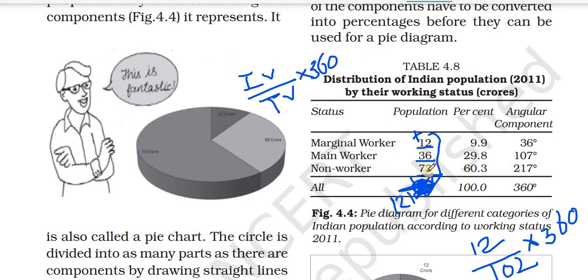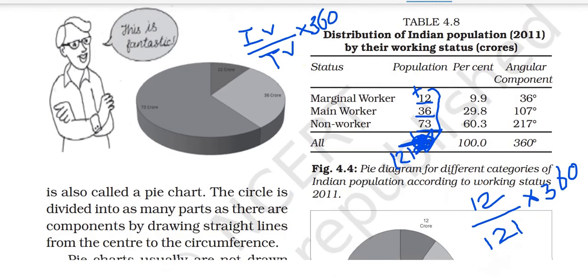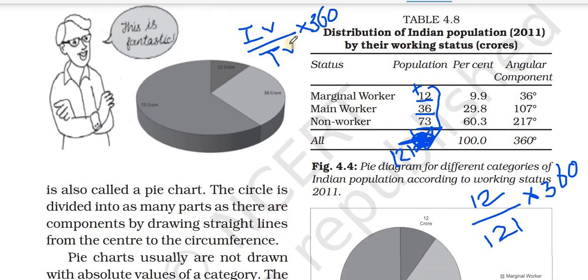Then we can write this equation as individual value divided by total value into 360 is the angular component.